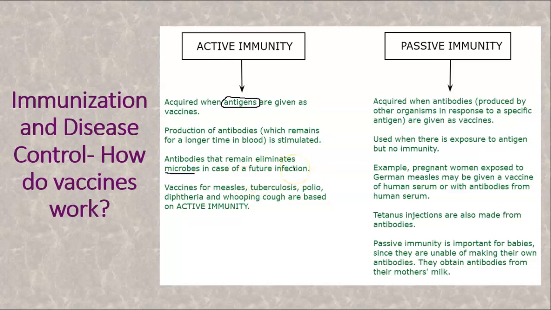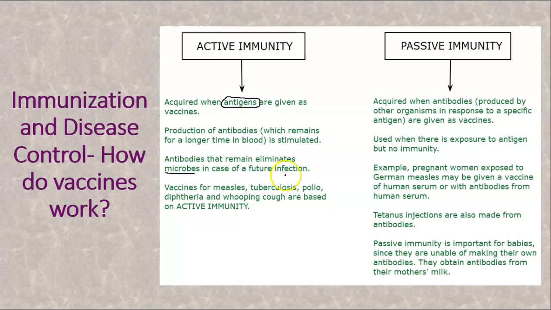So in other words, in active immunity, the person is vaccinated with antigens. The antigen stimulates the production of antibodies. The antibodies remain for a longer time in the blood, and when they remain, they are able to eliminate microorganisms in the event that there is a future infection with the same pathogen.